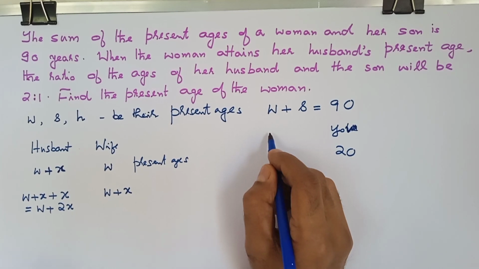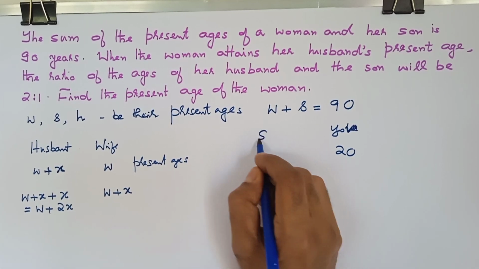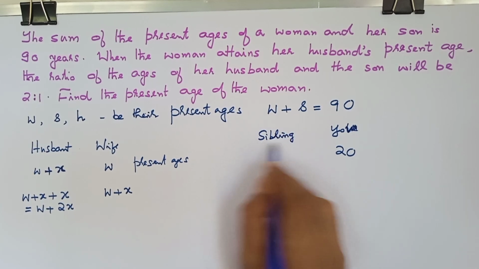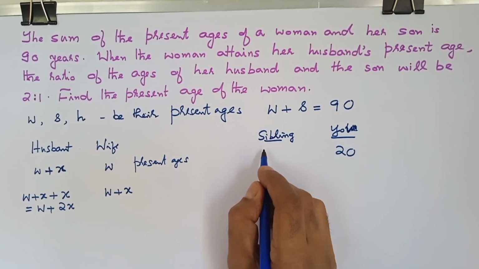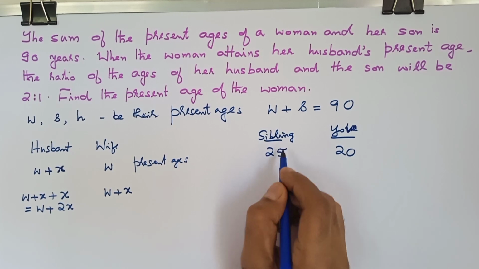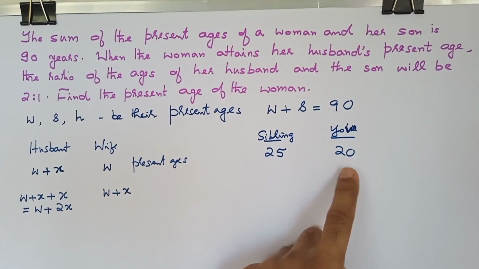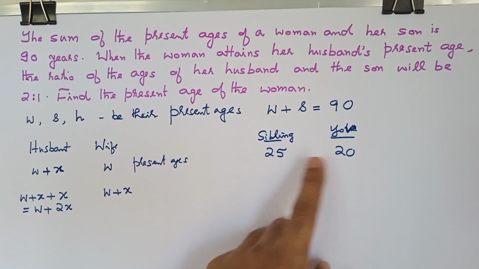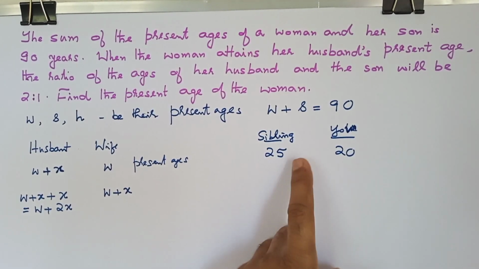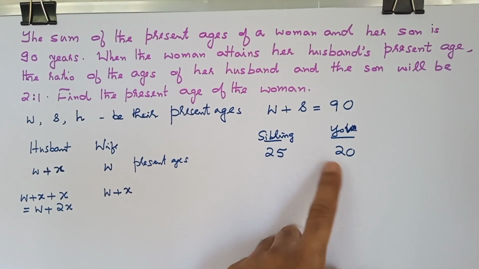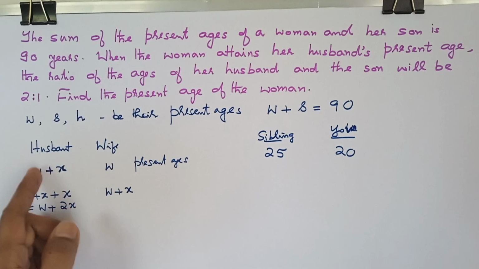Your older brother or sister is 25. Now after how many years will you attain your sibling's age? After 5 years. And what is that 5? The difference between your and your sibling's present age. Exactly, that's what I've done here.